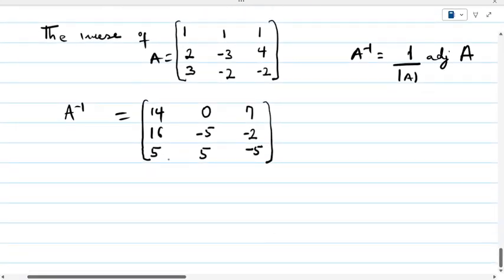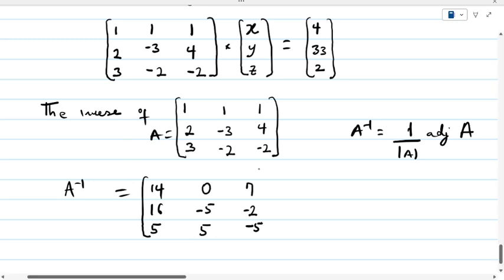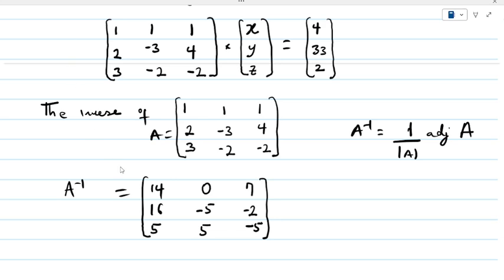Then the next step is to multiply. Sorry, let me add the determinant here.